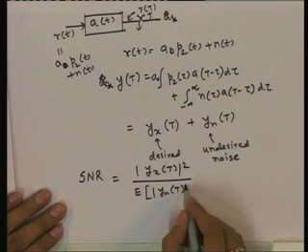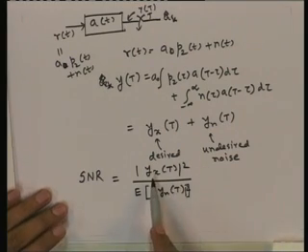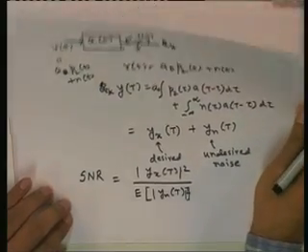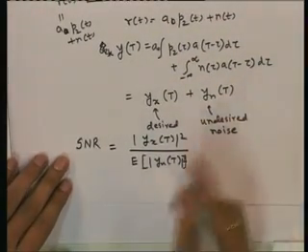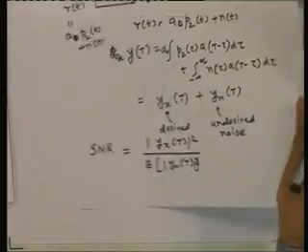So this is the expected energy of the noise, and this is the energy of the signal part. So this is the SNR. Now we just want to compute this and see how to maximize this SNR.